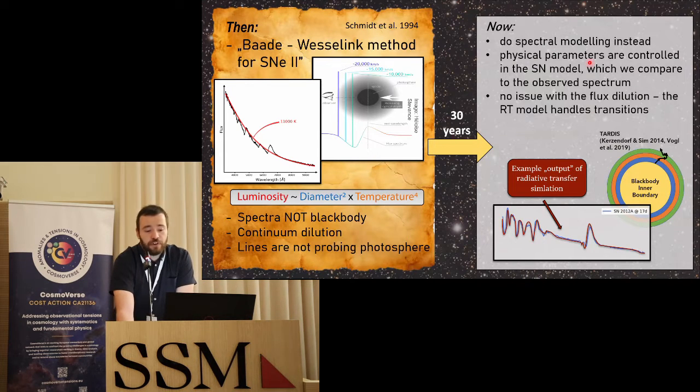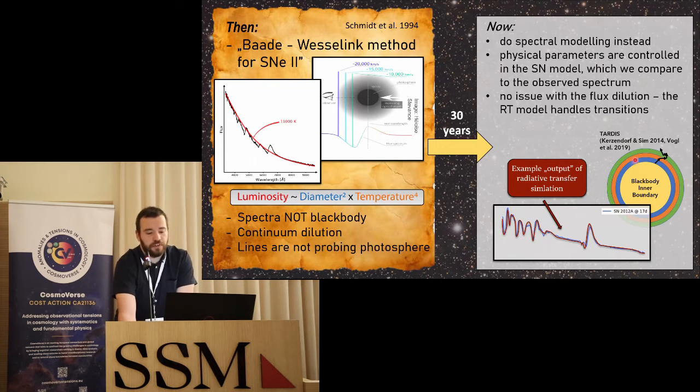Here, the physical parameters are controlled by the supernova model that you are devising based on radiative transfer principles. And then we compare these models directly to the observed spectra. And here we will have no problems with the flux dilution that I mentioned, because the radiative transfer model will know about it. It will handle it separately.